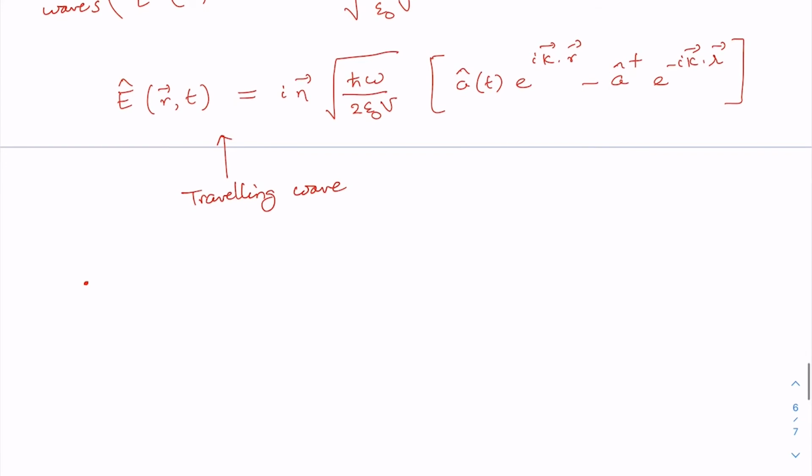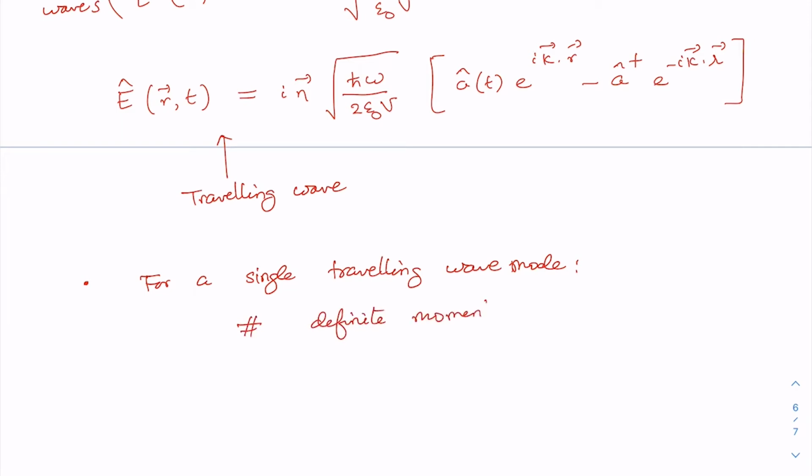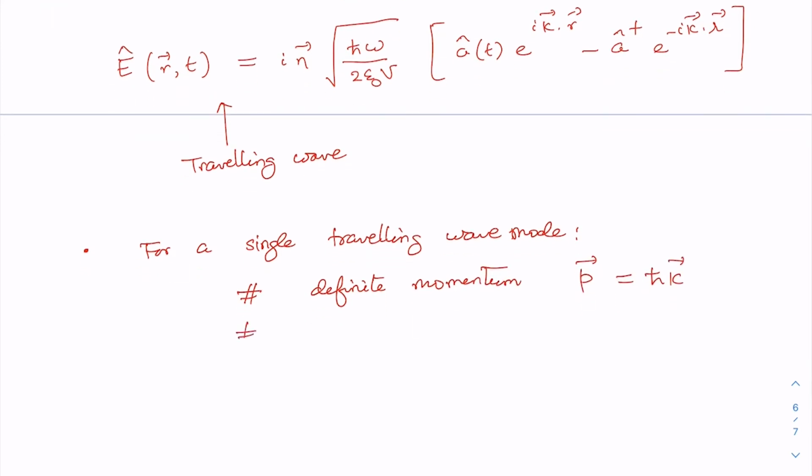For example, for a single propagating wave or traveling wave, the photon has a definite momentum, say p is equal to h cross k. If you make a measurement, you will always get the momentum to be like that, and it would have a definite energy, E is equal to h cross omega.